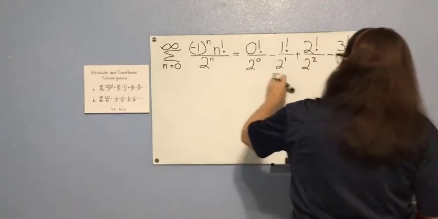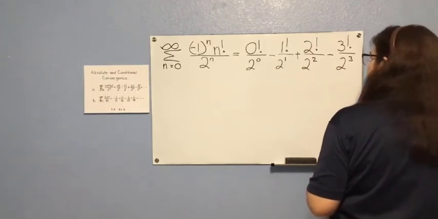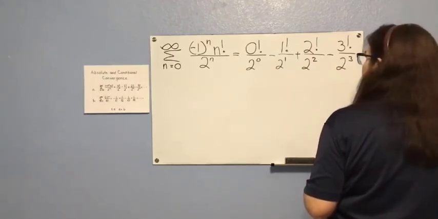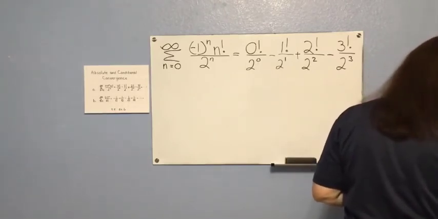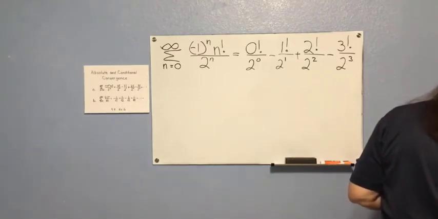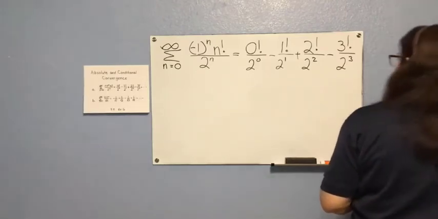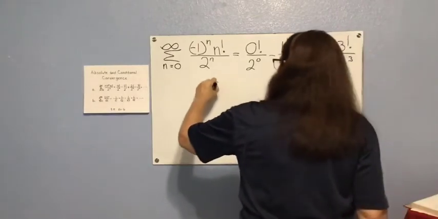Okay, this is an alternating series, but the alternating series test does not apply because the terms are not going to 0. But we can use the nth term test for divergence, and we can conclude that this series diverges.